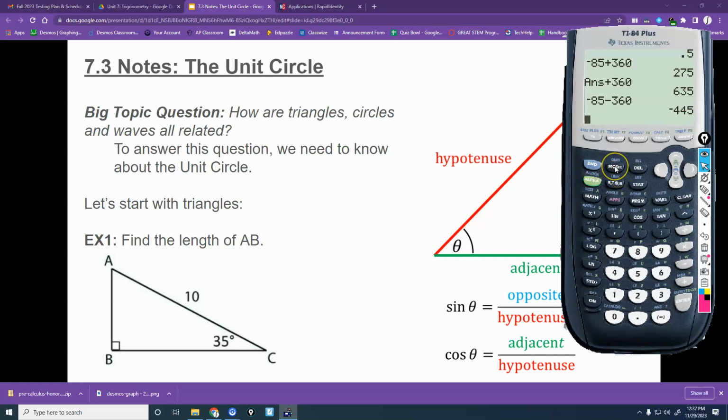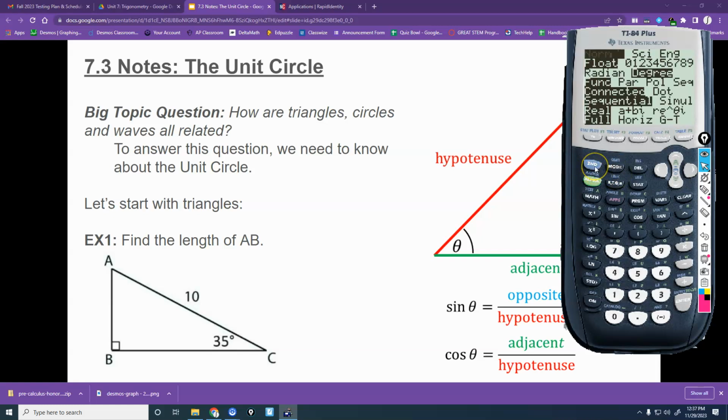So if you click the mode button right there next to the blue button, so click mode, and down there on the third line, degree should be highlighted. If it is not, if it looks like this and radian is highlighted, then you need to go down there, go over to degree, and hit enter. So make sure you are in degree mode, because if we're doing a problem in degrees, we have to have the calculator in degree mode, or it will not work. It will give us the wrong answer.